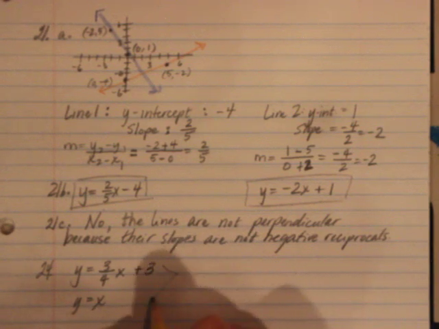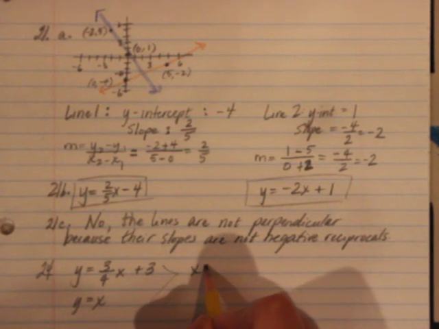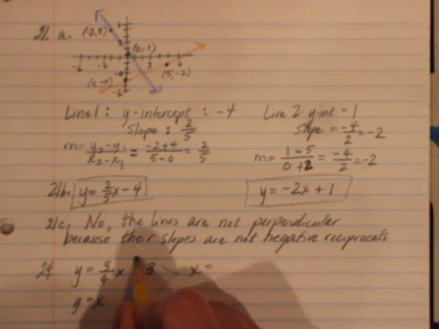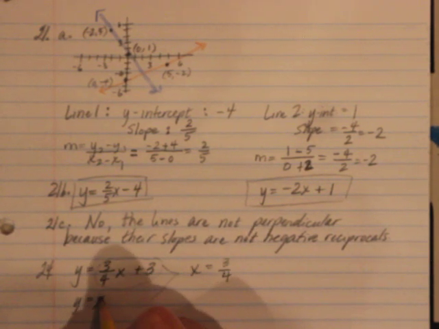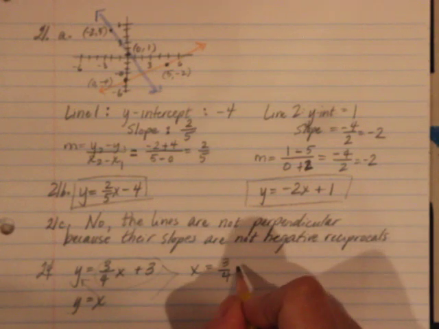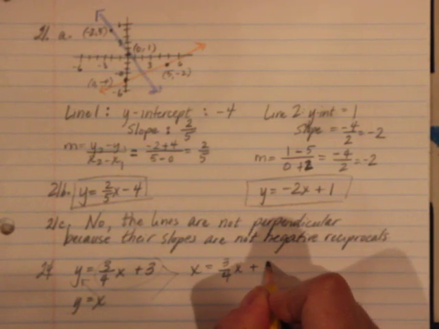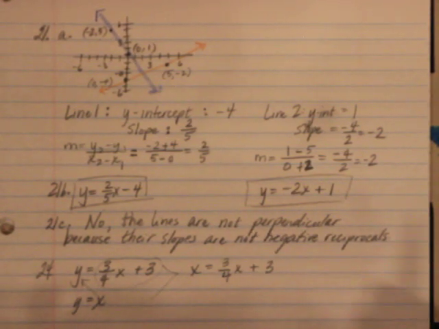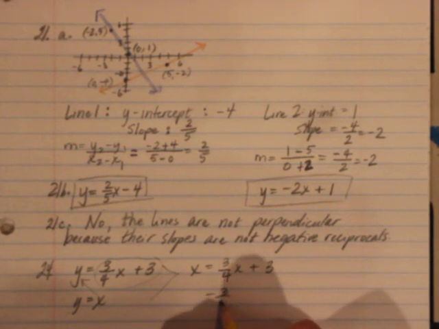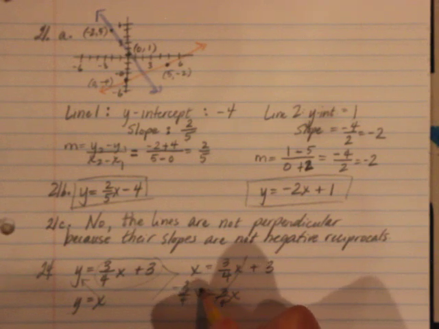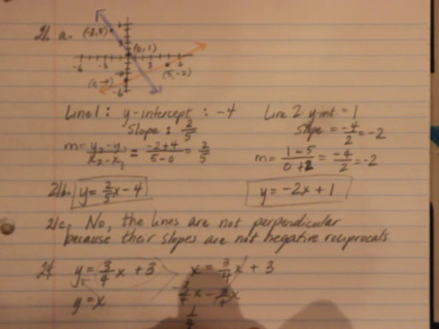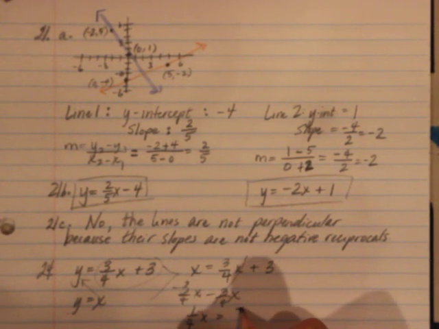So I can take this and I'm going to say x equals all of this, because I just substituted in x for that y. Okay, and when I subtract 3/4 x from this side and I subtract it from this side, I'll end up with 1/4 x equals 3.